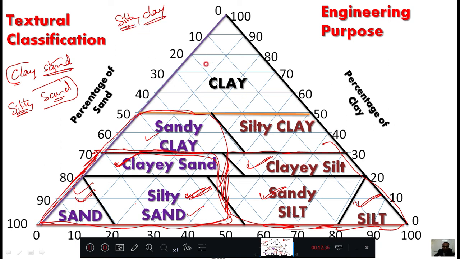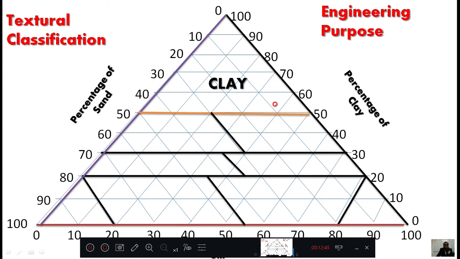Like that we have pure clay here, and towards the sand it is a sandy clay, and towards the silt it is a silty clay. Okay, now how to classify this, how to understand this, I will give an example.